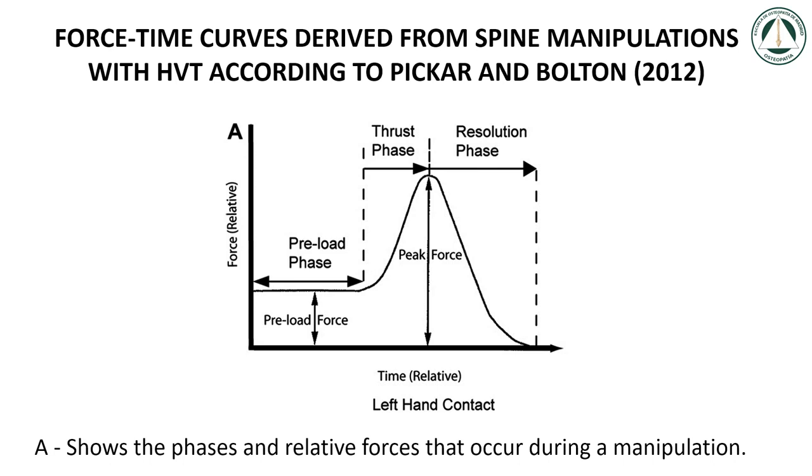Manipulation applied to the cervical region has relatively little preload, ranging from 0 to 39.5 newtons. Herzog et al. 1993, Kirchuk et al. 1992. The resolution phase lasts between 90 to 120 milliseconds, average equals 102 milliseconds.